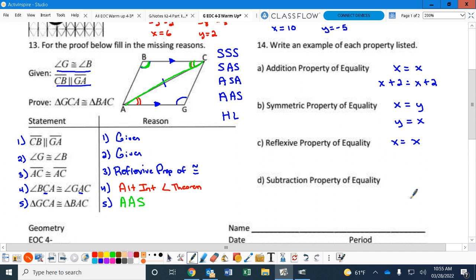And the last one, again, if we start with x equals x and we subtract the same thing from it, we'll just use the 2 because we used it in the first one. X minus 2 equals x minus 2. Will that make them remain equal? Will they still be equal if I subtract the same thing from both sides? Yes. That's why it's the subtraction property of equality. They will stay equal if you do that.